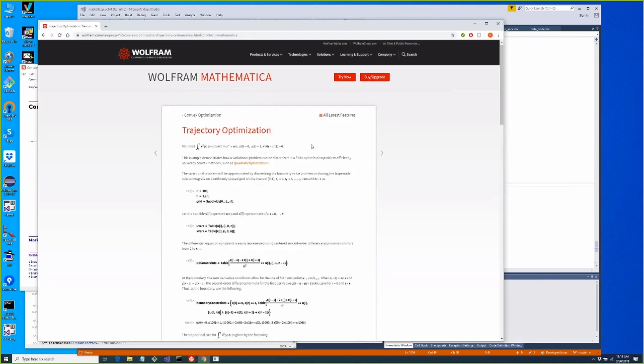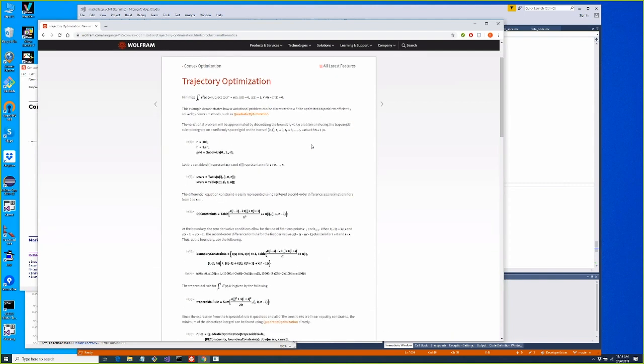Okay, so here's an example that again is quadratic optimization. What we're going to do is minimize the integral of some function where x prime is u of t. So we want to choose how a ball should roll down a thing to be the most efficient.